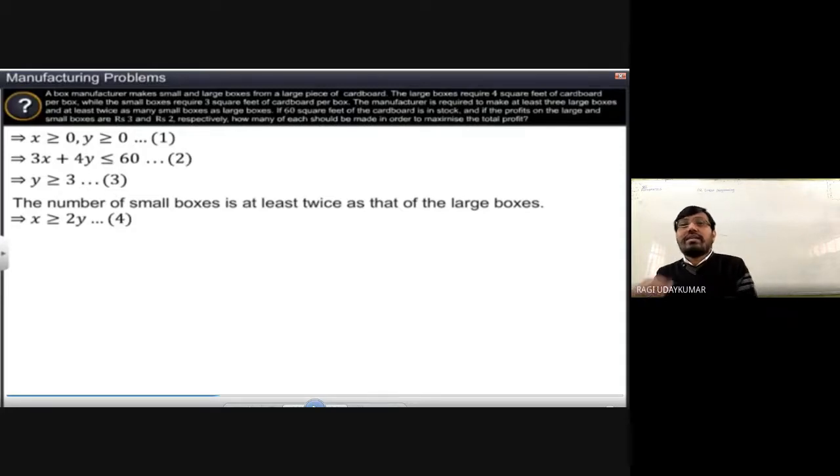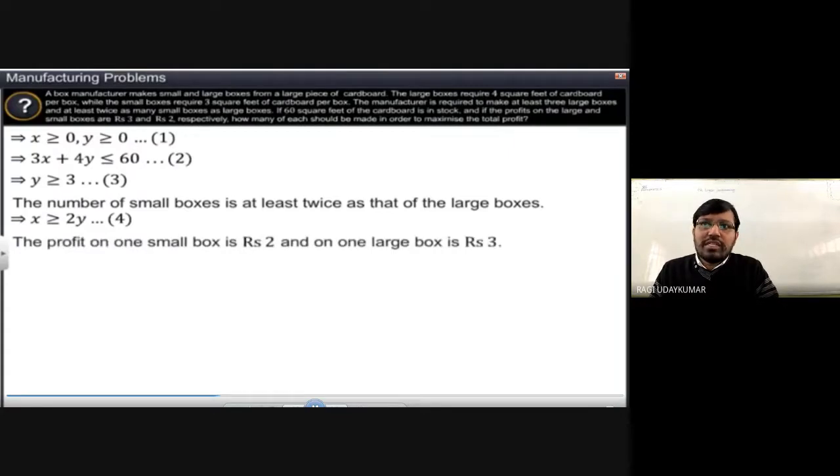So when it says at least twice, it can be more than that, and it can also be equal. Minimum it has to be equal to double of the large boxes, but it can be more. So that is called at least. So when at least is given to you, this condition x greater than or equal to 2y is to be used. So please concentrate on this model of the problems.